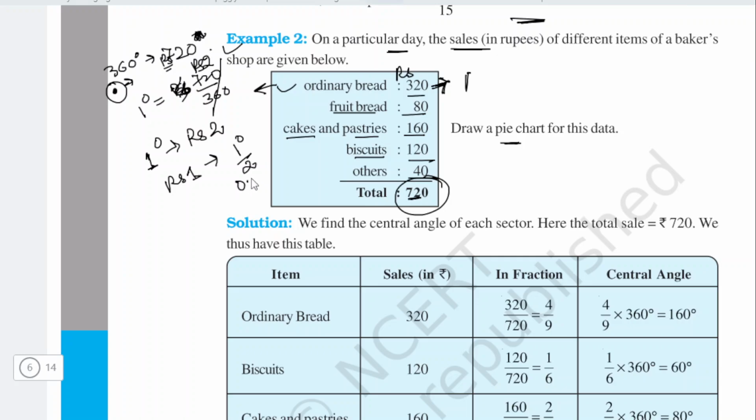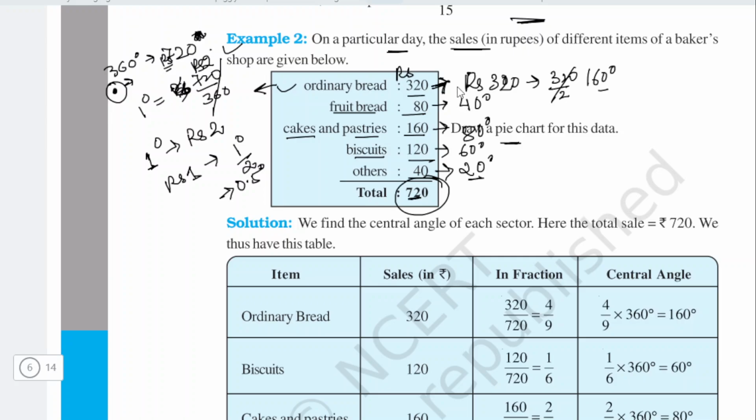Rupee 1 represents 0.5 degree. So rupees 320 will represent 320 by 2, that is 160 degree. Rupees 80 will represent half of it, 40 degree. Rupees 160 will represent 80 degree. Rupees 120 will represent 60 degree. Rupees 40 will represent 20 degree.